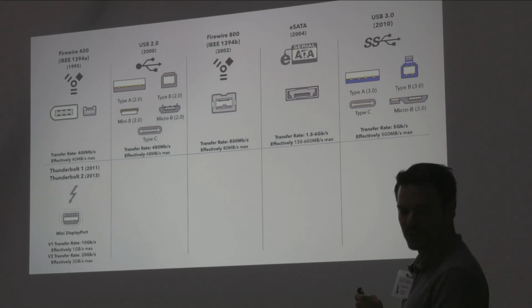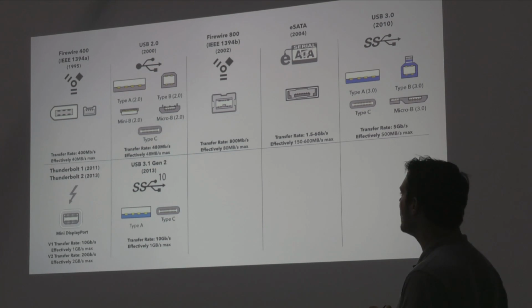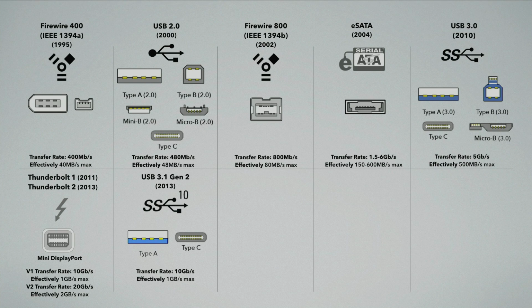Next, we have one that you may not have heard of. It's called USB 3.1 Gen 2. So USB 3.1 Gen 2 is actually a faster version of USB 3, basically. But when the USB Implementers Forum, or the IF, decided to create this new faster version of USB, they also, for some reason, decided to rename USB 3.0.